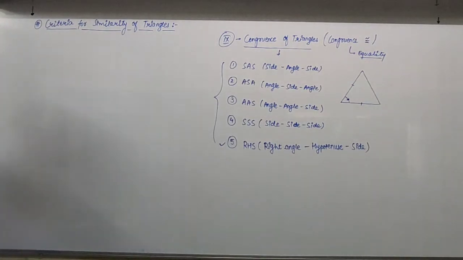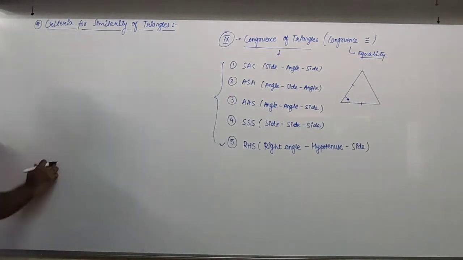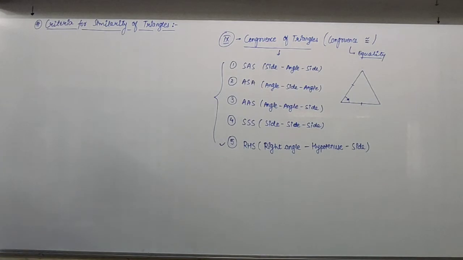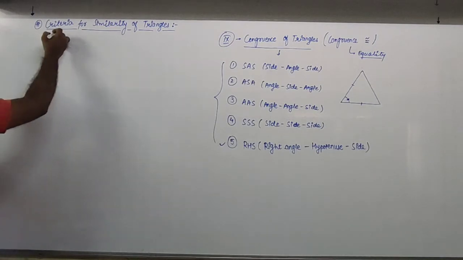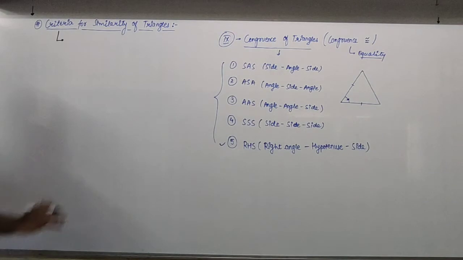Right? Now we are going to study the same things here. But now we shall discuss only for the similarity of triangles. Now what makes the triangles similar? There are 2 criteria that make the triangles similar.